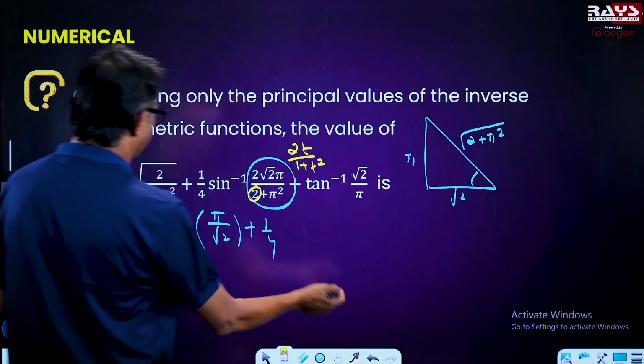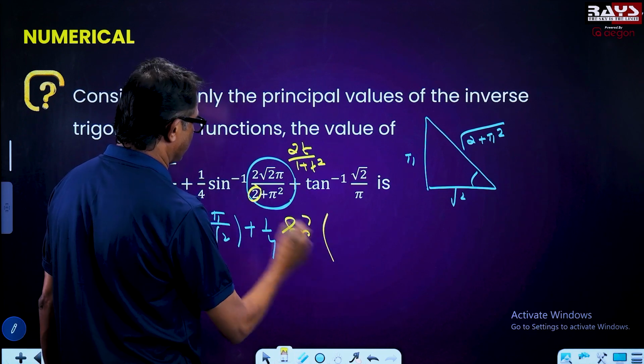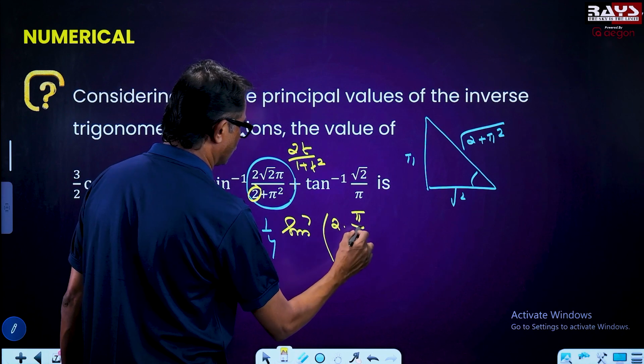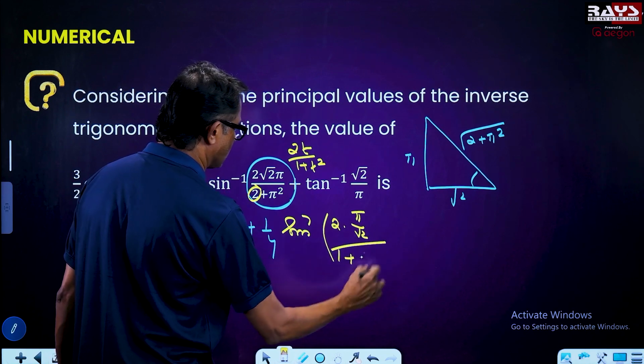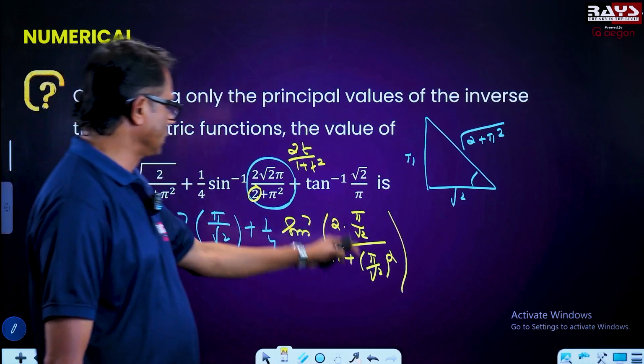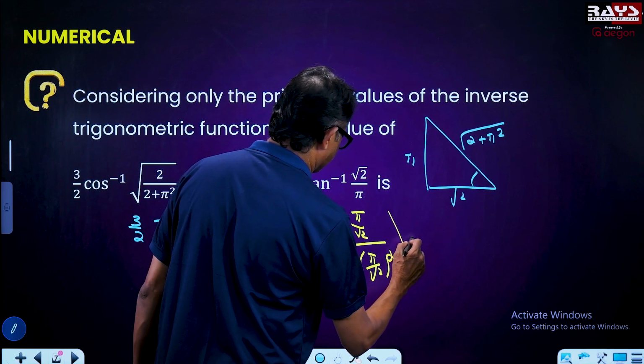I am going to divide it by 2. So you will be getting sin inverse 2 into pi by root 2 by 1 plus pi by root 2 whole square, that is the 2 tan theta by 1 plus tan square theta form, plus tan inverse.